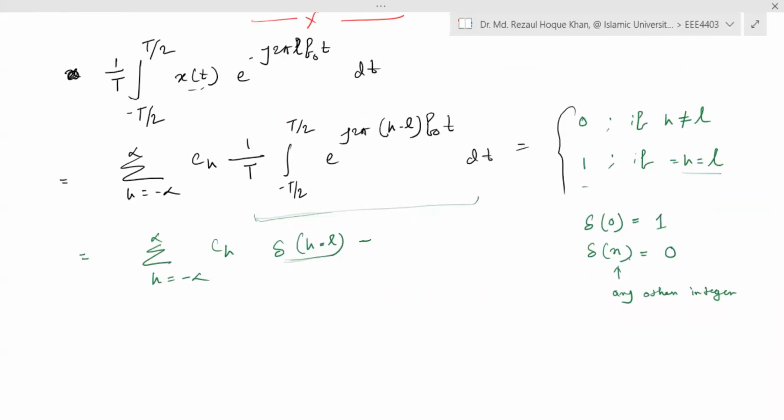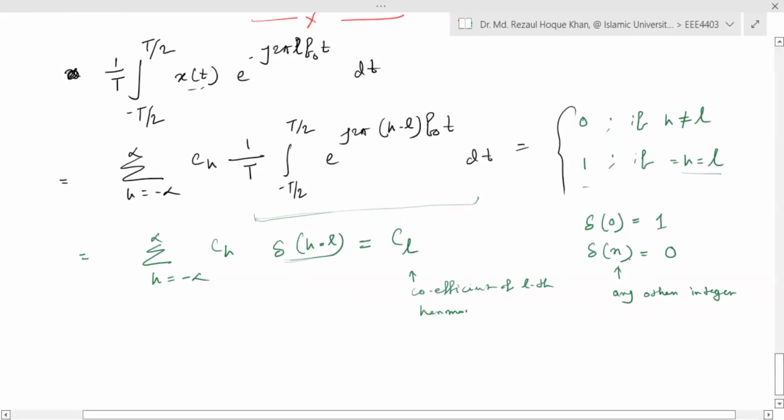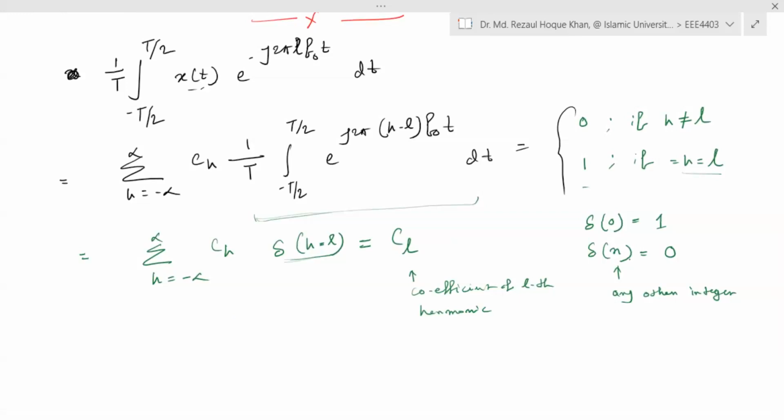So this equation we can solve. This is equivalent to, we can give it a name, C of L. This is CL, which is the coefficient of the Lth harmonic. Otherwise, we can term it as the Lth coefficient of the discrete Fourier series representation of the periodic signal xt.